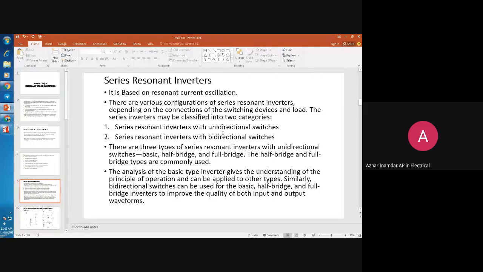Can anyone from you just tell me the basic question regarding the types of unidirectional and bidirectional switches? What are unidirectional switches and what are bidirectional switches? Anybody? This is a basic question, okay, for polytechnic. Which devices are unidirectional, which are bidirectional, according to you?